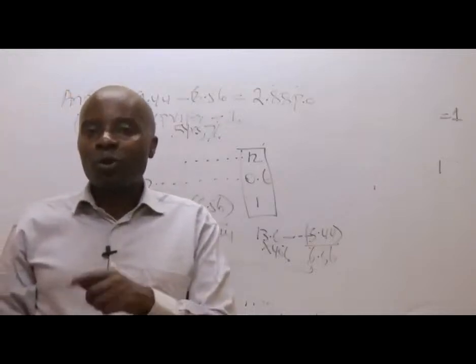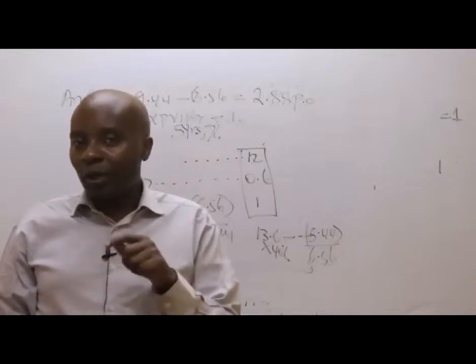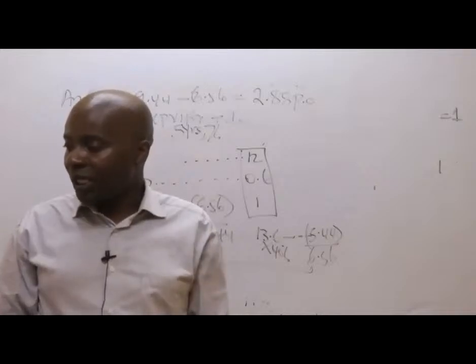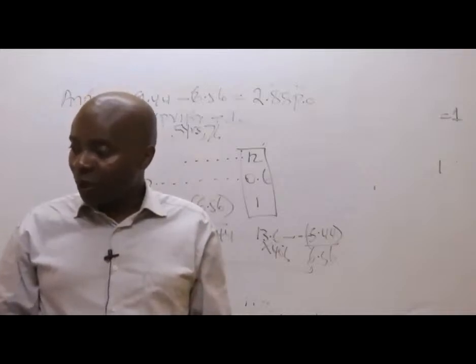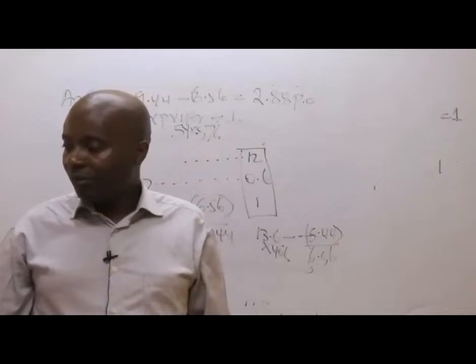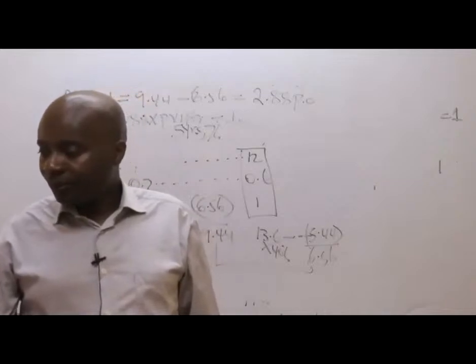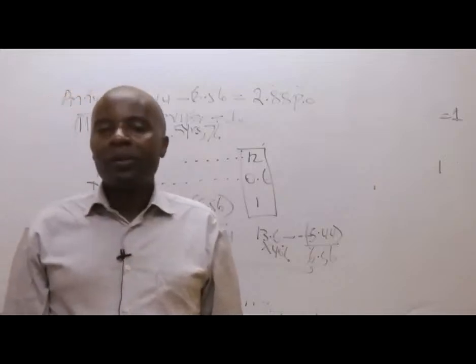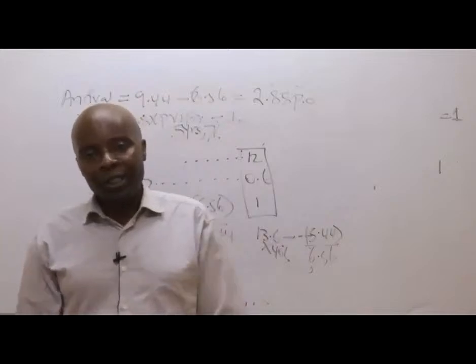So now I hope, Susan, you are able to see where I got the 2.88 from. Yeah, great. So ladies and gentlemen, PVFA, of course, you know how to read it.